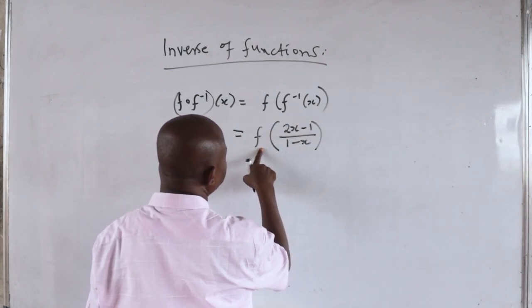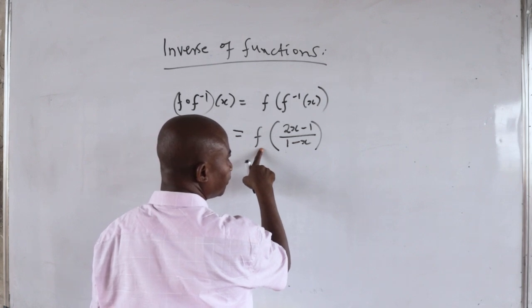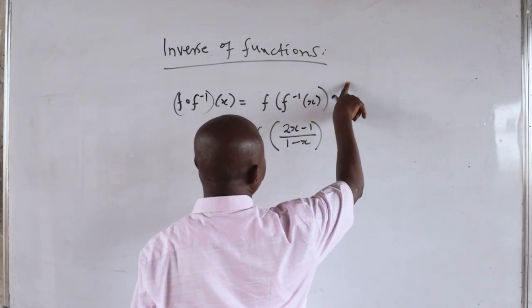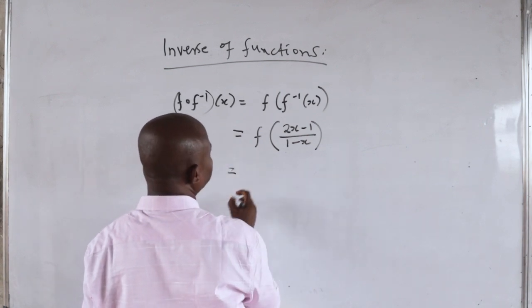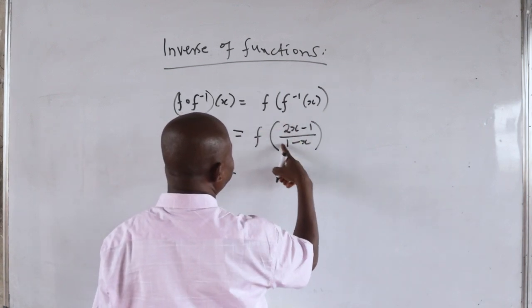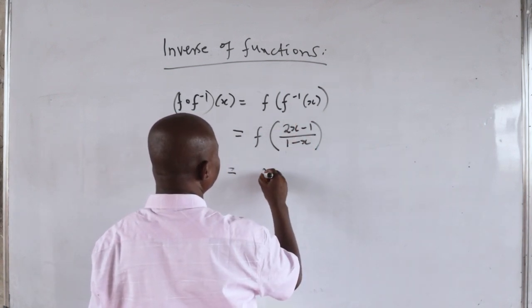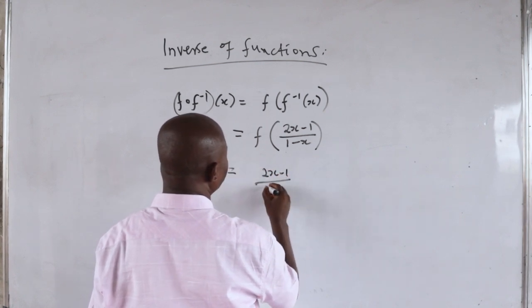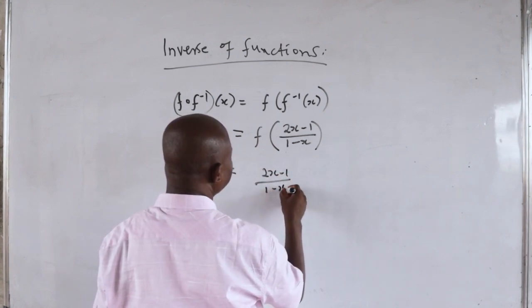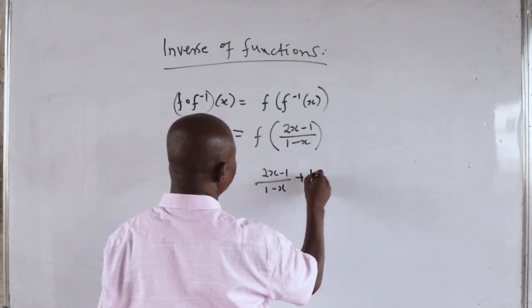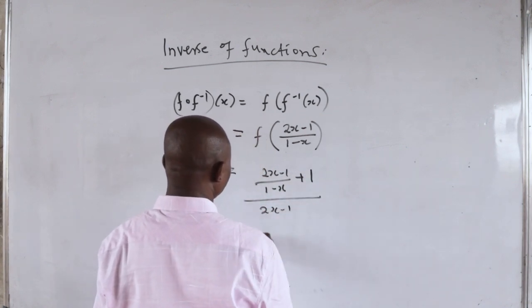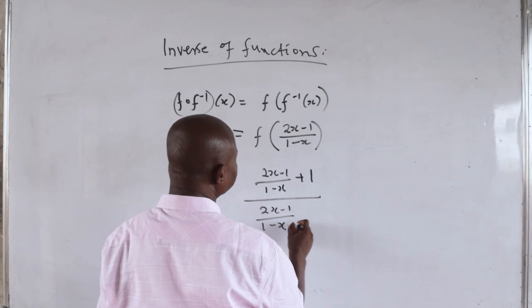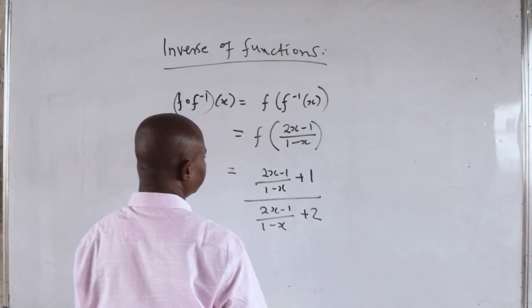What f does is, for anybody you give, it will take x plus 1 divided by x plus 2. So this is our x here, and this is going to give us (2x minus 1) over (1 minus x), we add 1, and divide by (2x minus 1) over (1 minus x), we add 2.